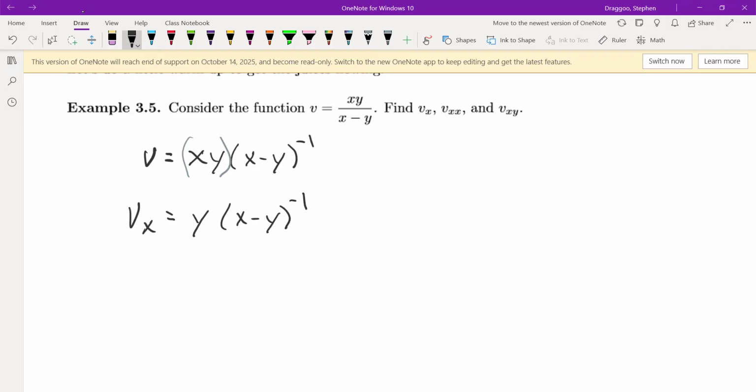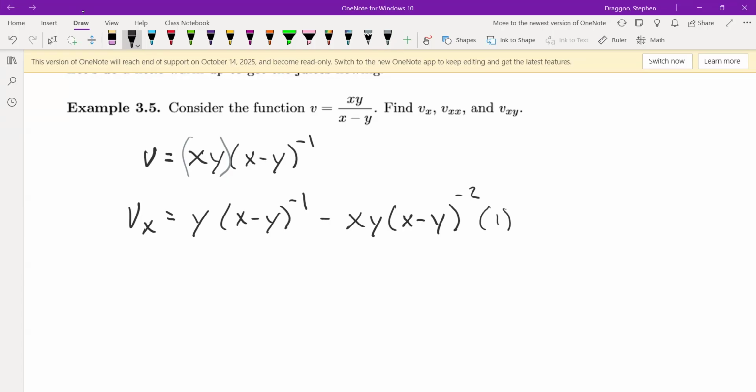So that's y times x minus y to the negative 1, plus take the derivatives the other way. So this will be xy times x minus y to the negative 2, but bring down that negative 1, so it changes to a minus xy times x minus y to the negative 2 times 1. And that would be a perfectly acceptable answer for my x partial.